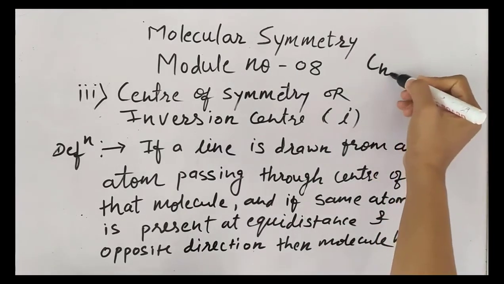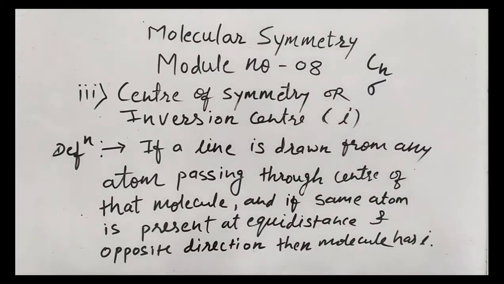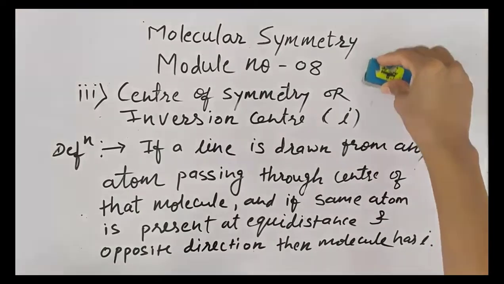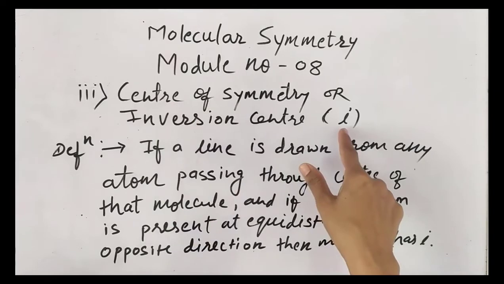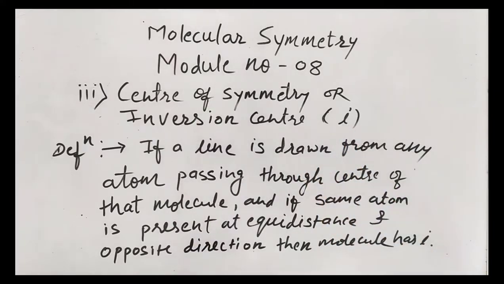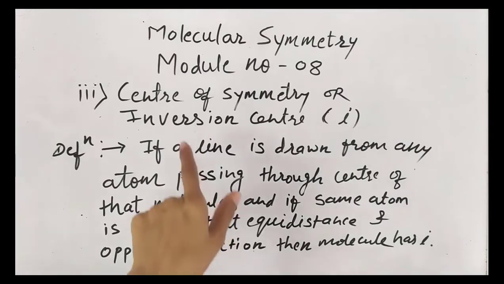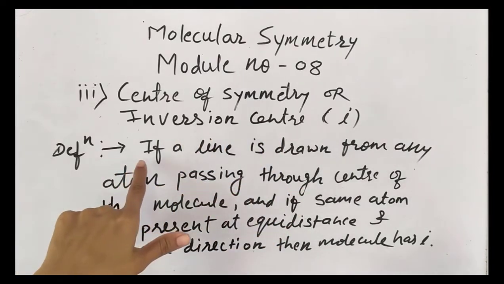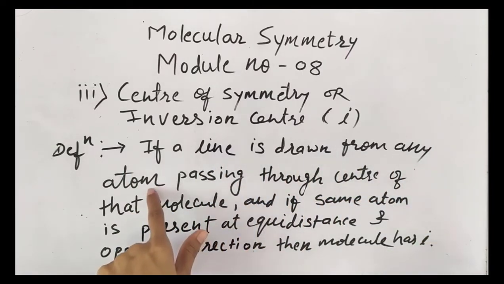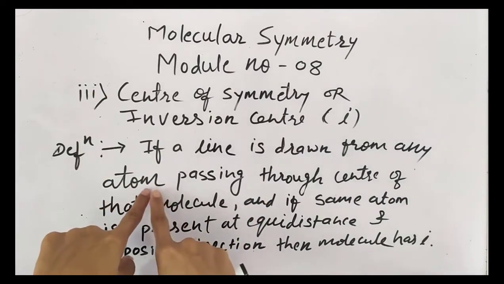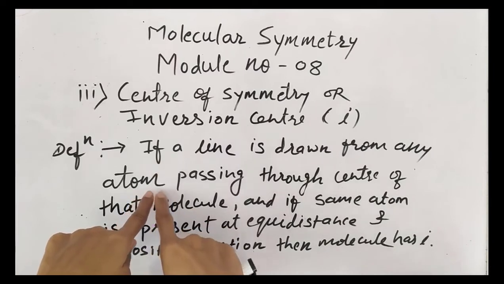Till now we have completed Cn and sigma, and today's next symmetry element is the inversion center or center of symmetry, which is indicated by small i. Let me define this symmetry element. If a line is drawn from any atom, we have to choose any atom in that molecule, and we have to draw a line from that atom.